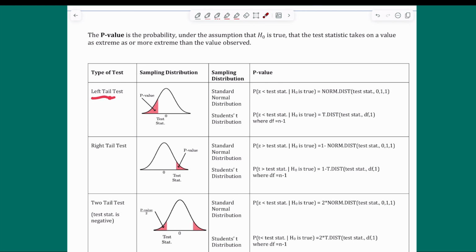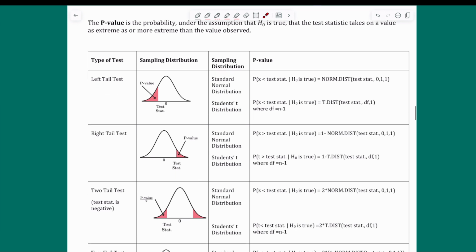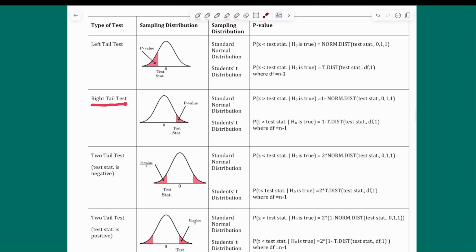All right, so that was assuming it was a left-tail test. Now, if it were a right-tail test, that means our test statistic is typically positive, and the area we're looking for is to the right. If it's the standard normal distribution, you would type in an empty cell 1 minus NORM.DIST, whatever the test stat is, 0, 1, 1.